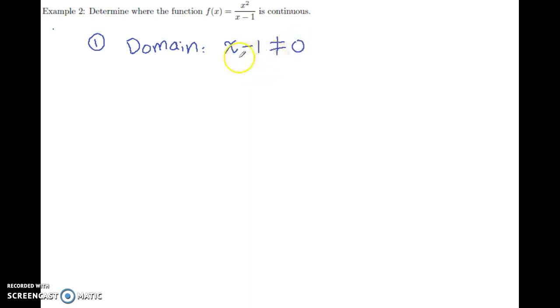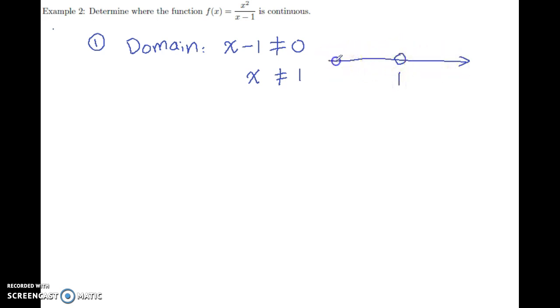Okay, so when will the denominator equal 0? It is when x equals 1. So what it means is x cannot equal 1. So how do we write this in interval notation? I'll draw the number line, find the number 1 right here. It's a hole, it cannot equal 1, but the rest is okay.